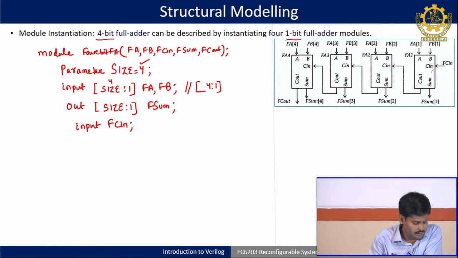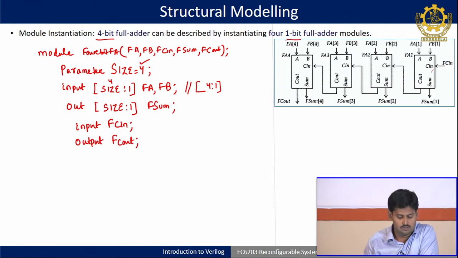The output FC out is also a single bit, so that I am also declaring separately as FC out. So now understood? 4, 4, 8 to 10. If you count, all your IOs should be equivalent to 10 in this design.